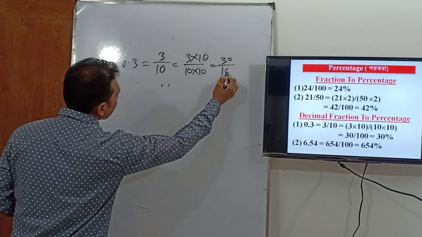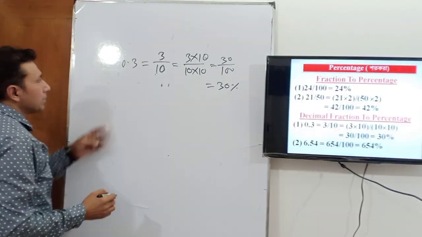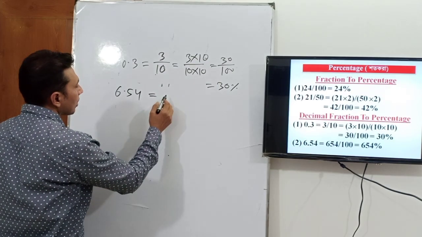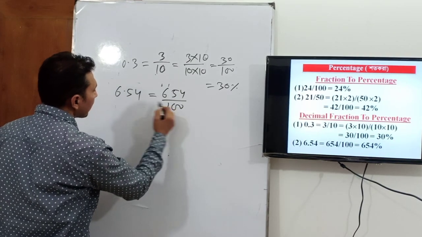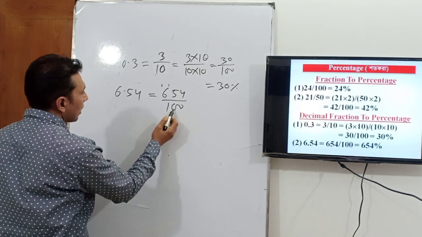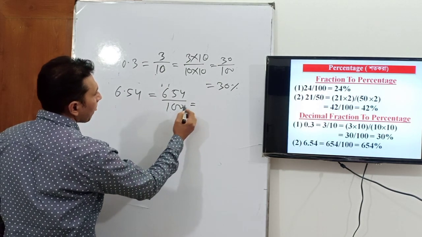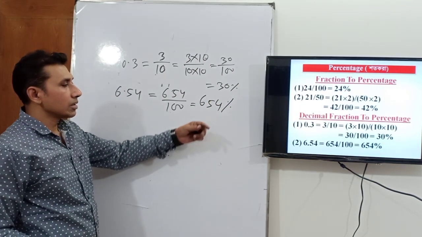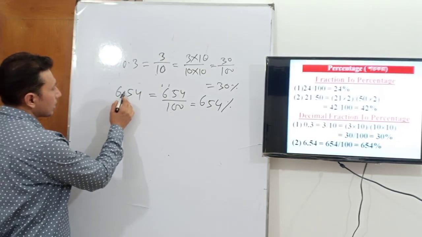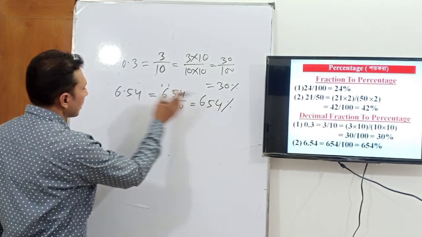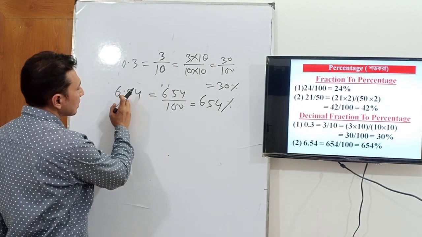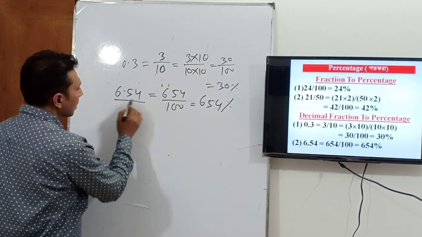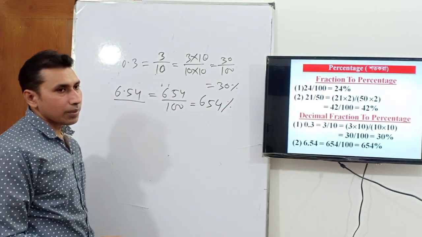So 30 by 100 equals 30%. Now 6.54 equals 654 by 100, which equals 654%. We easily know that when converting a decimal fraction to percentage, the decimal point shifts by two digits, so it will be 654%.